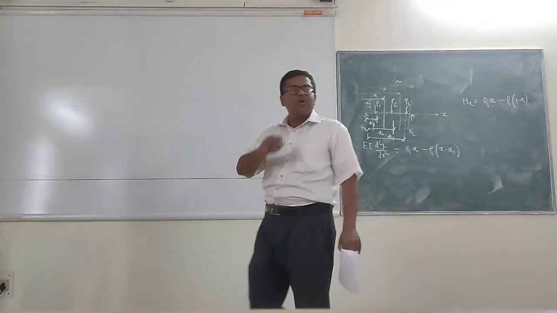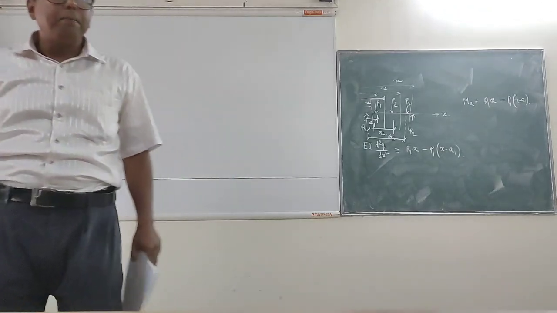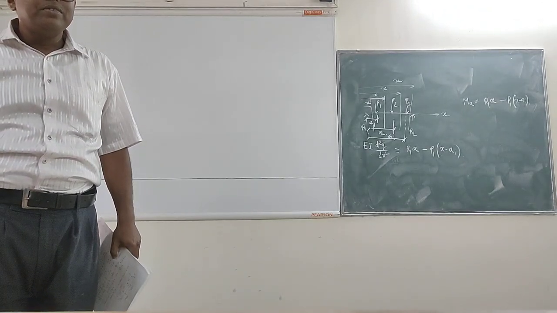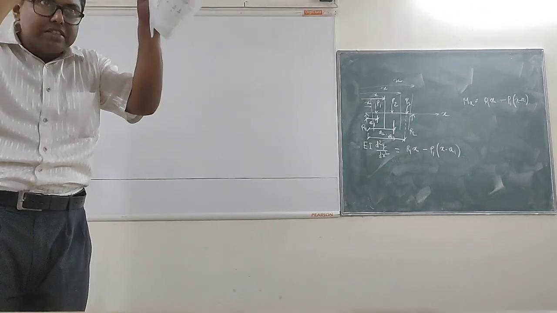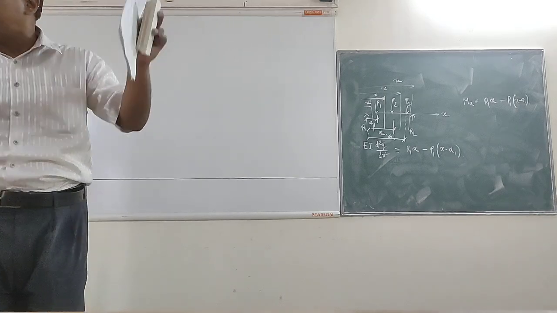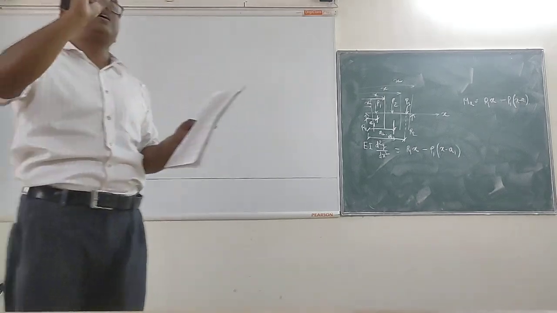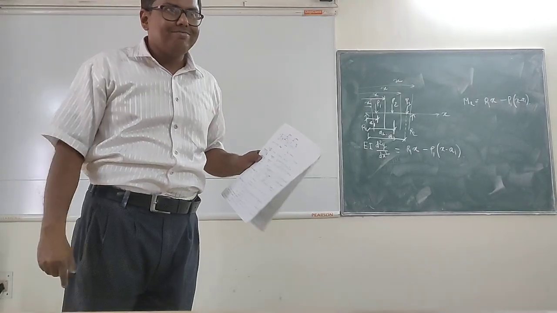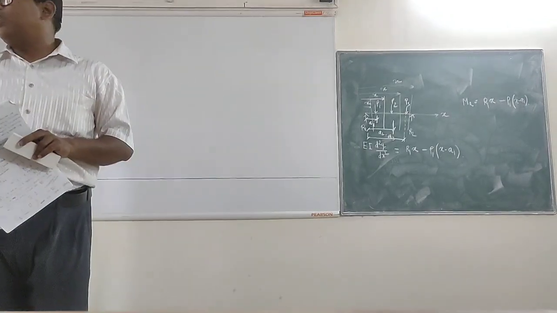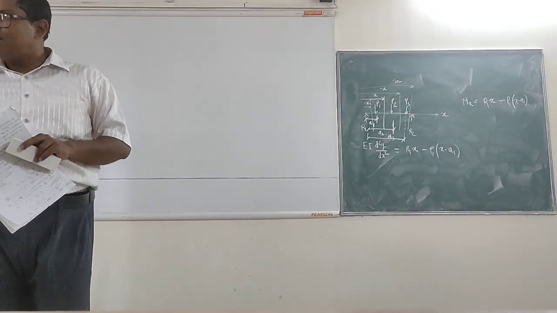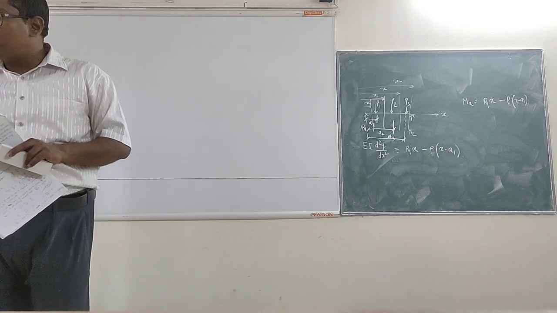Is 0 minus a1, the term inside that bracket, positive or negative? It will be negative. If the term becomes negative, I will neglect it, and accordingly I will find out the integration constant. Is it clear? Have you understood?